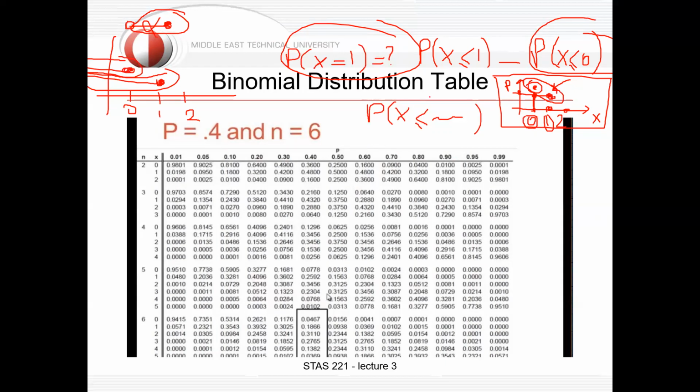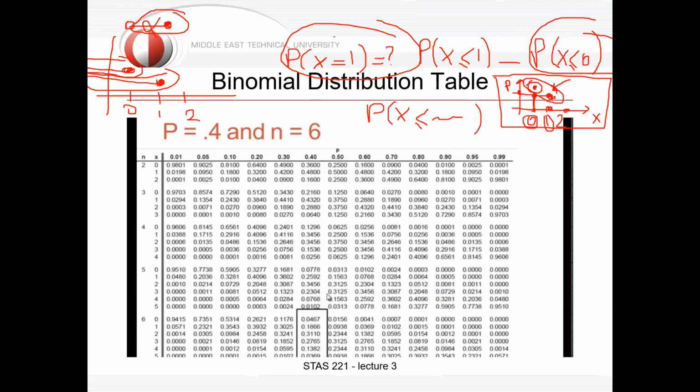Okay, so by using this trick you can find it, and we should practice together. So for sure in the tutorial I would try to solve all of them using both formula and table. You should know both of them, so we will go through them in detail.